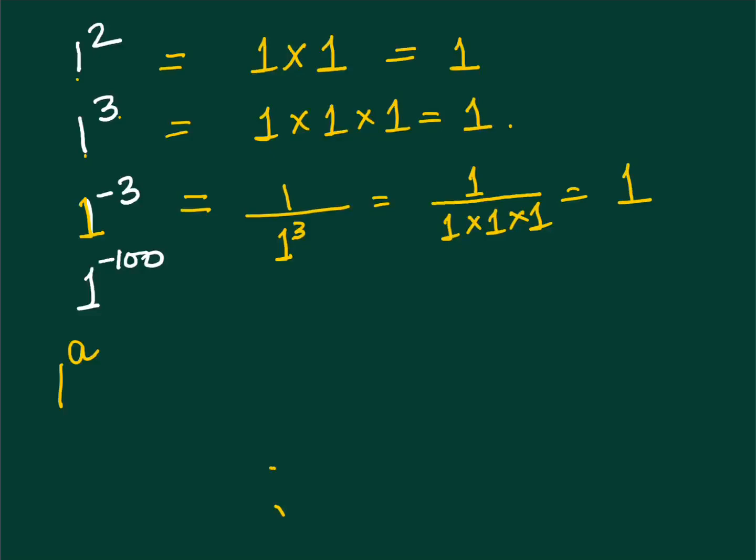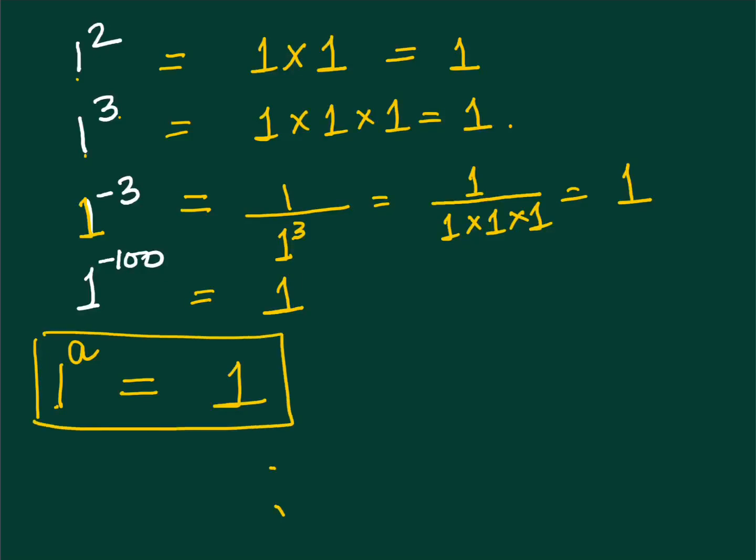So what do you think would be 1 to the power of minus 100? What will it be? Yes, it's again 1. So what will be the rule here? 1 to the power of any number would always be 1.